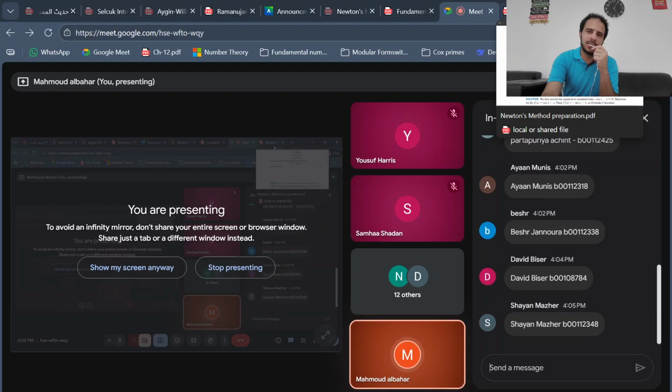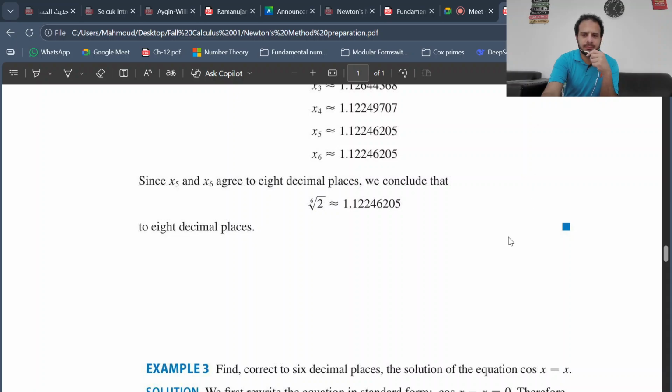Now let's solve again the cosine example. Find, correct to 6 decimal places, the solution of the equation cosine x equals x.